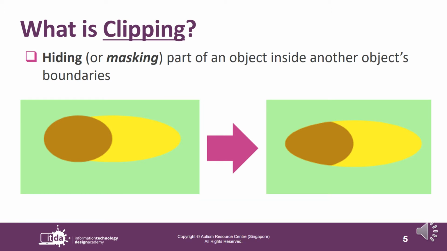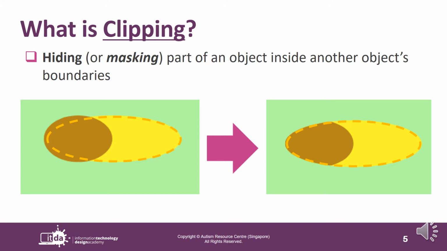Okay, so let's learn. What is clipping? Clipping is hiding or masking part of an object inside another object's boundaries. So if you look at the 2 pictures here, the one on the left and right, you see a brown shape overlapping a yellow shape. Now in the picture on the left, you notice that the brown shape is trying to hide within the yellow shape, but it is sticking out.